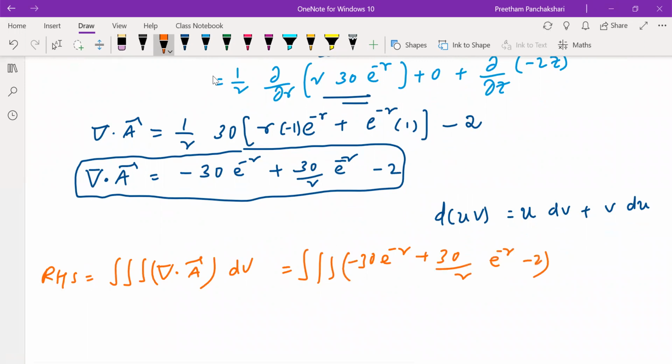This is the divergence term. Next is dV. dV is the differential volume element in cylindrical coordinate system, that is r dr d phi dz. No dot product here, it's a volume element, just simple multiplication.